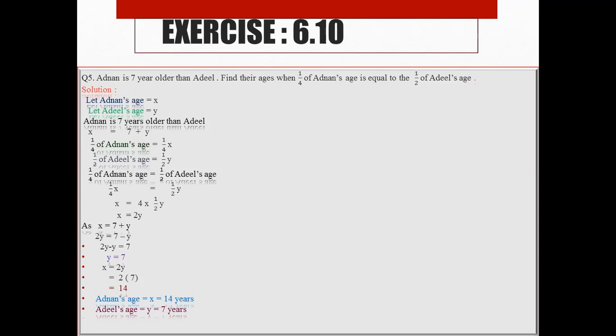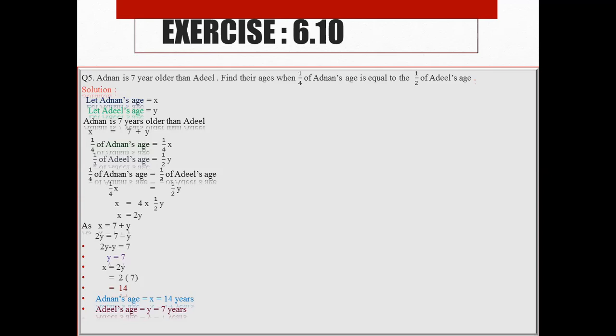We suppose that the age of Adil is y, so we write y by 2. The next equation becomes x over 4 equals y over 2.